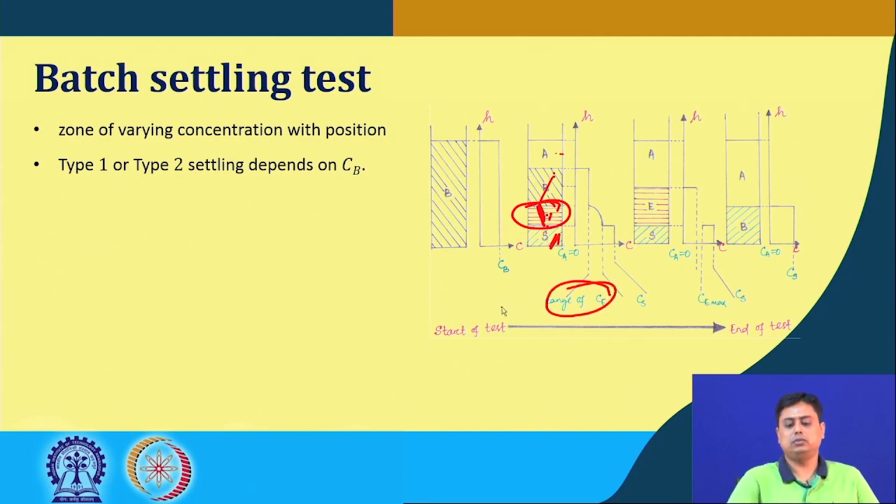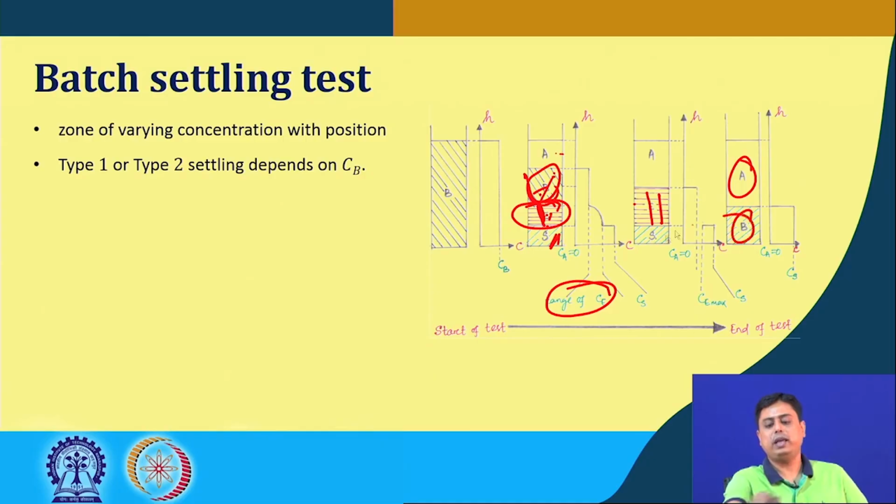It will have a range of concentration, unlike in the previous case where the whole section was of uniform concentration. After a certain time, zone B would vanish, and it will be a section E where the concentration varies with position. And at the end of the test, like the previous one, there will be a zone A and a zone B where we started with that suspension.